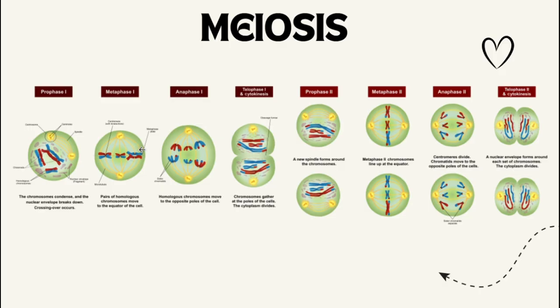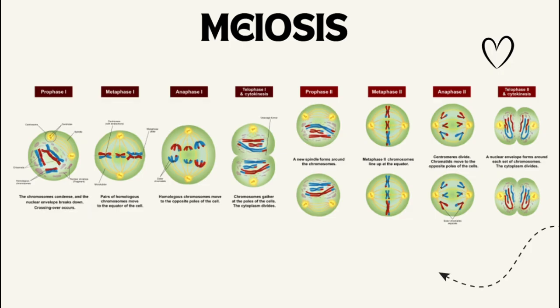In metaphase 1, you can see them line up at the equator, and if we jump ahead a little bit and look at metaphase 2, they're also lined up at the equator, but the difference is that they're lined up in different directions. As you can see, they're more horizontal over here and very vertical there. They line up differently.